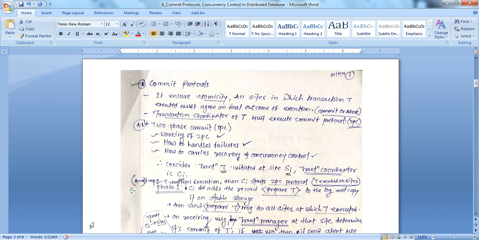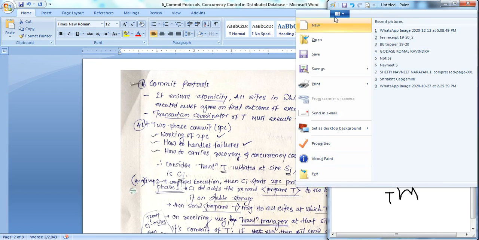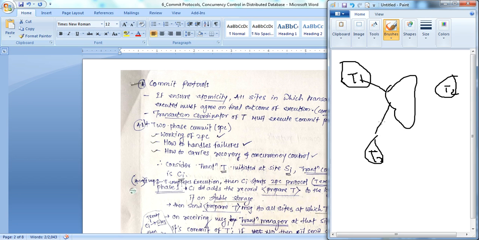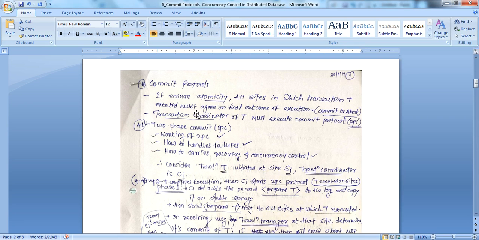For example, one site runs with transaction T1, another with T2, another with T3. It's a distributed system, connected through a network, right?